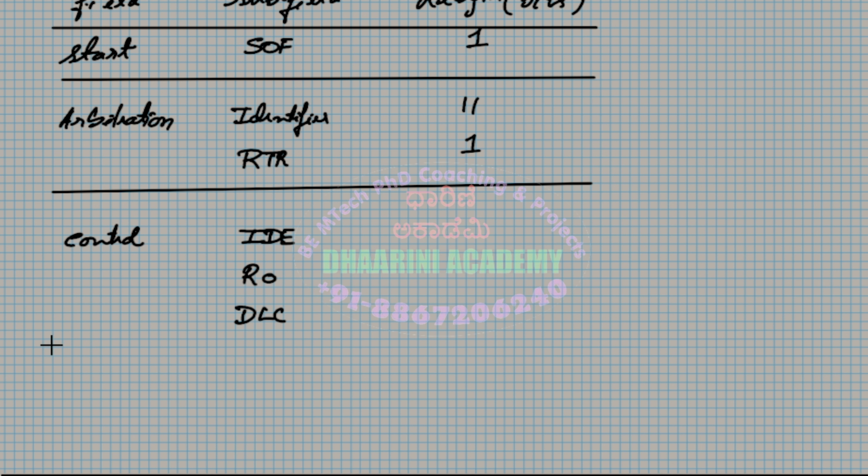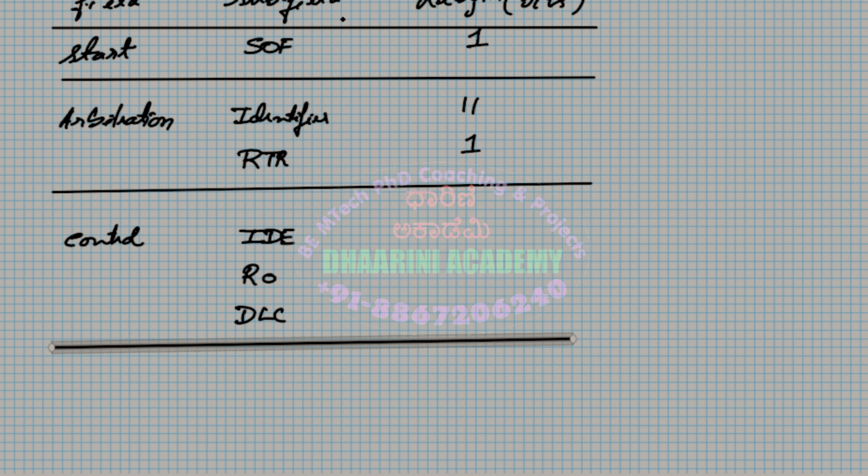I'll come to that later. Here, let me write the sizes. In total it is 6 bits, out of which the IDE takes 1 bit, the R0 is 1 bit, and the DLC is 4 bits.